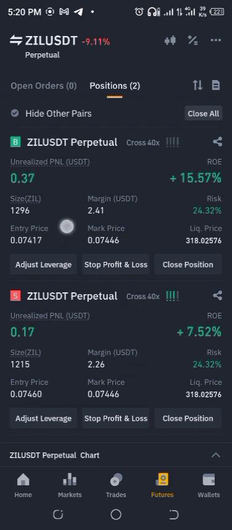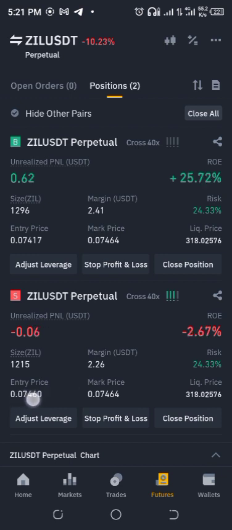Now, how do you calculate your profit here? On calculation of this profit, you have to minus your entry price from the mark price, then multiply it by your size. You know your profit. You minus this from this, multiply by this size, that will get you your profit. The same thing applies here.